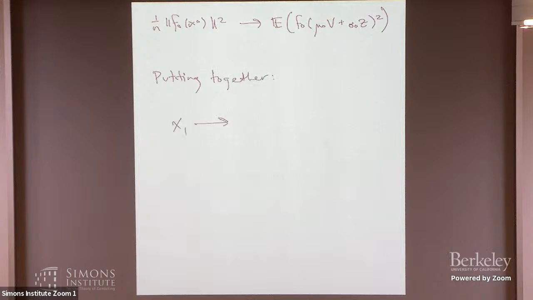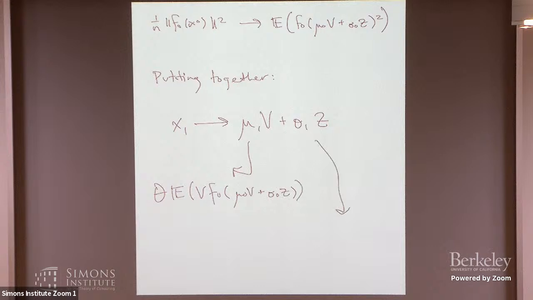Well, we've shown that x1 will limit to something that looks like the following, where this mu1 is this guy, and then our sigma 1 is the square root of f0 squared.